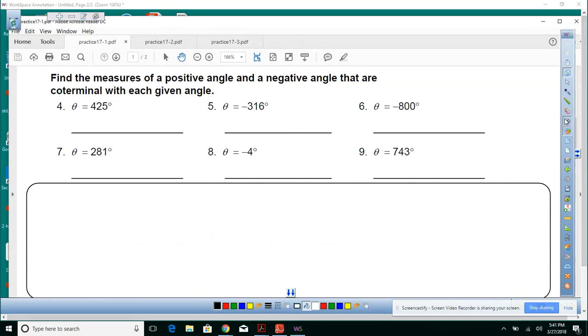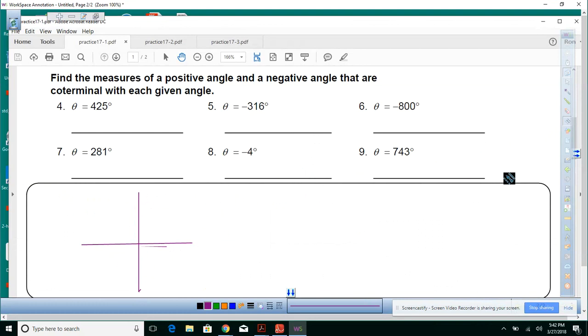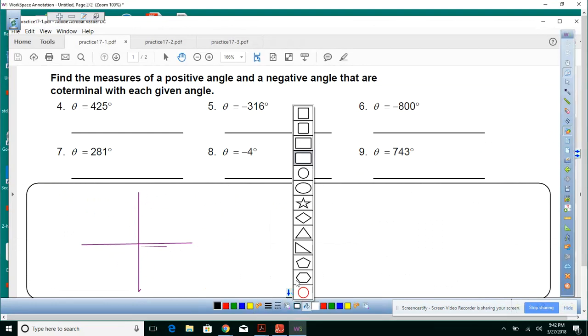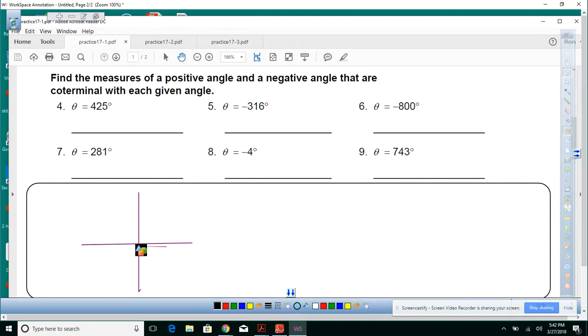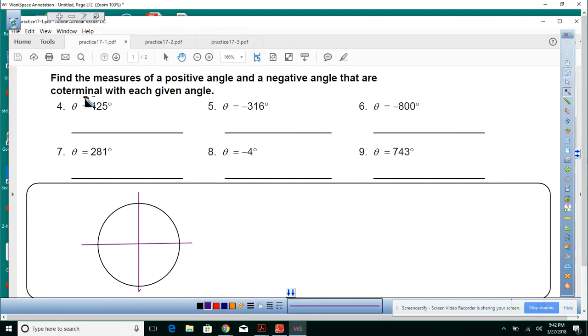And I need to make me a circle here, a unit circle, so I can figure out where all of these things are. And I want a clear one. And we'll say right there. All right, so what do we got?